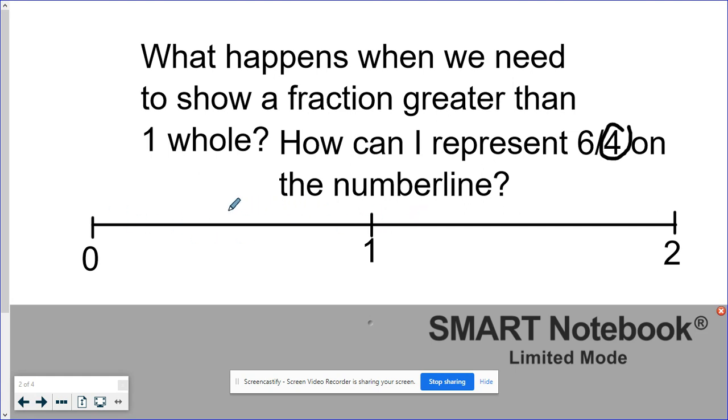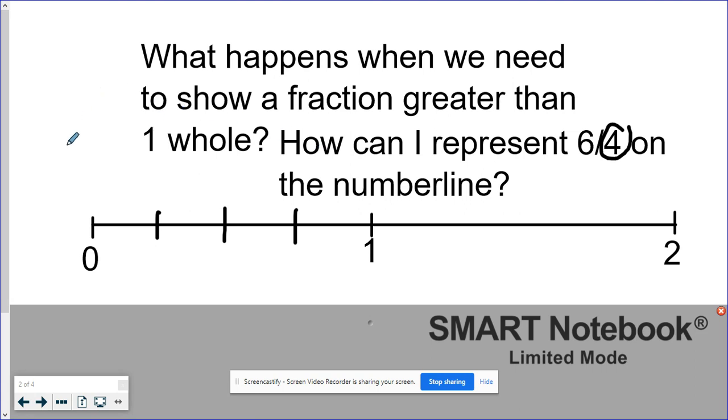When I make fourths, I'm going to start by making a half. And then from the 0 to this tick mark, I'm going to make another line in the middle of those equally, and the same here. So I have 1, 2, 3, 4 equal spaces.